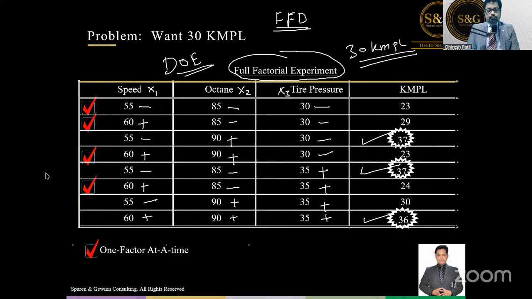So we will make the same design in Minitab. Can you just open your Minitab software? Open Minitab software quickly. We will make just any Minitab file.